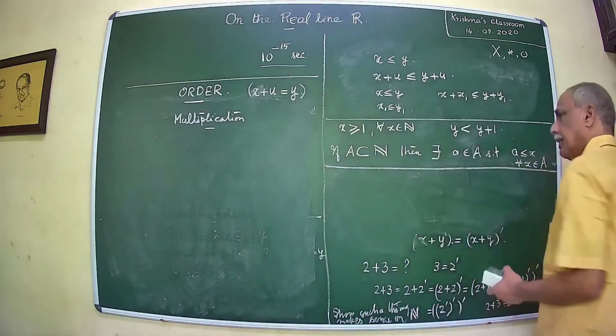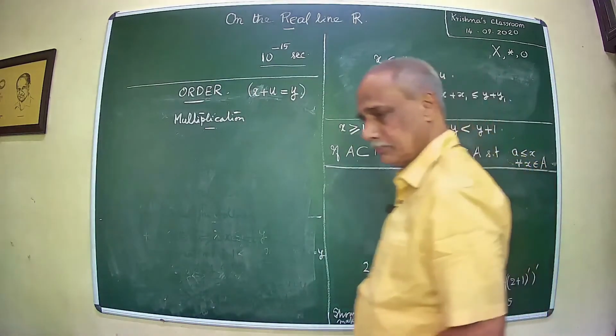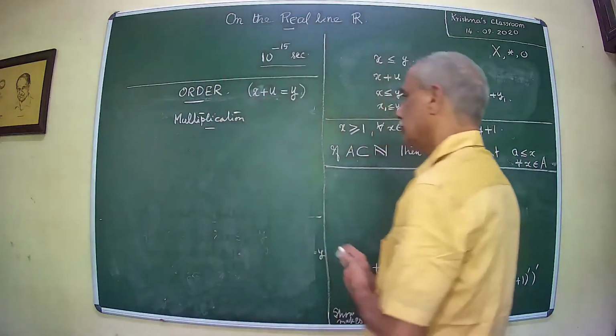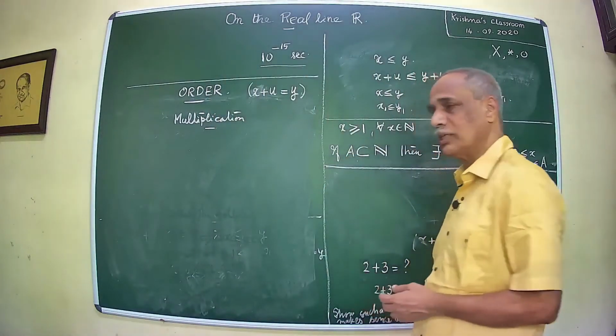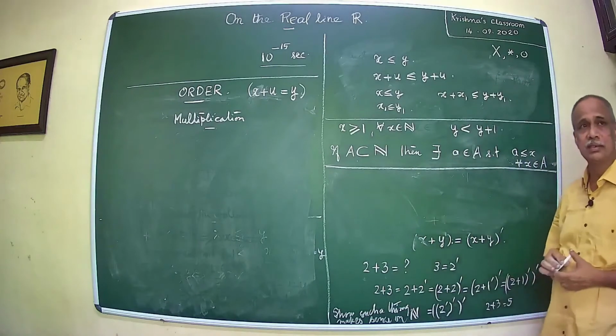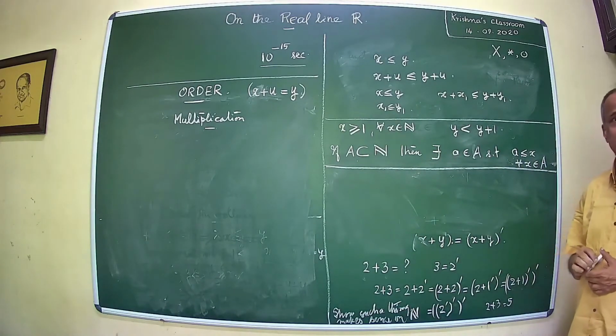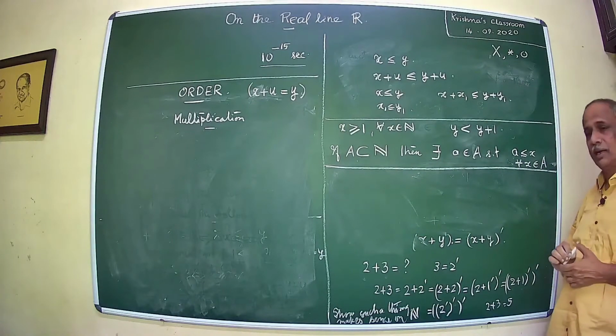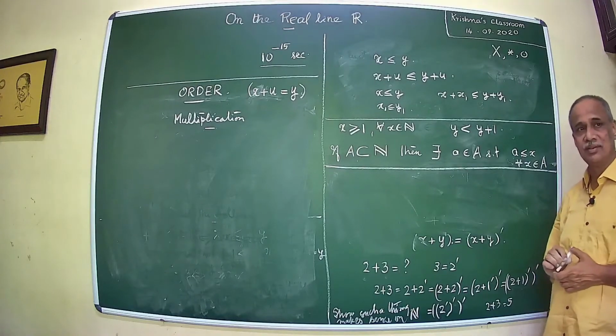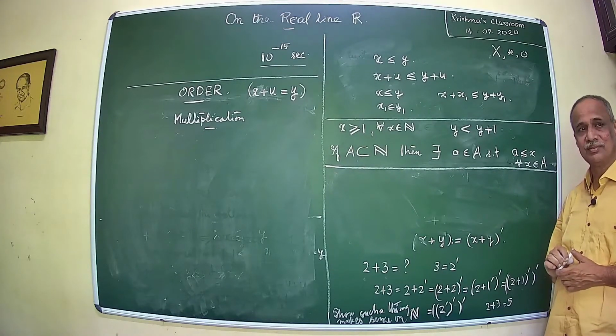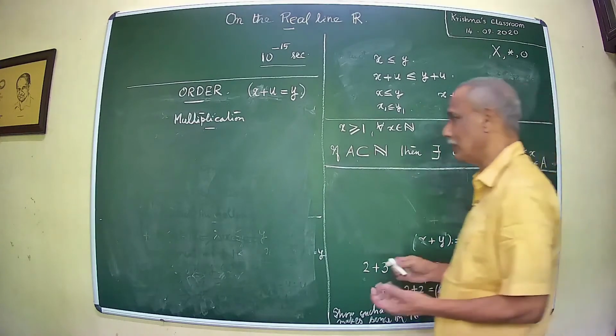How does multiplication come? What is multiplication? Multiplication is the repeated addition. What do I mean by that?